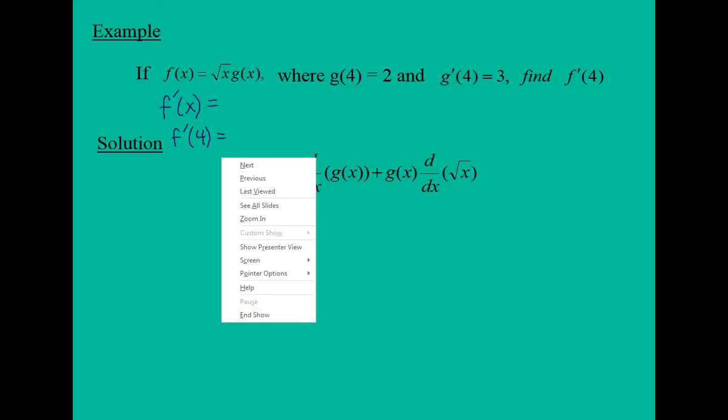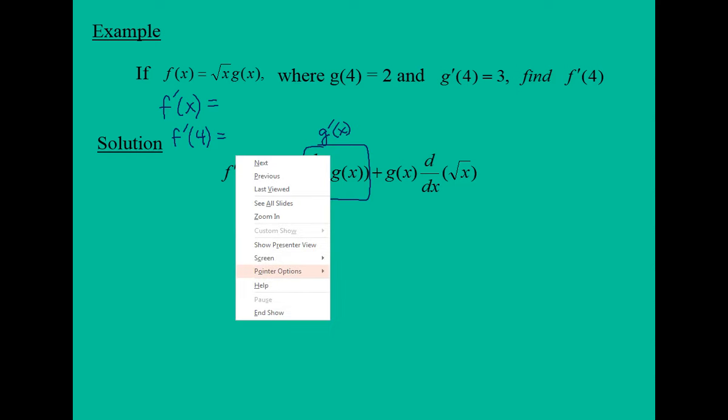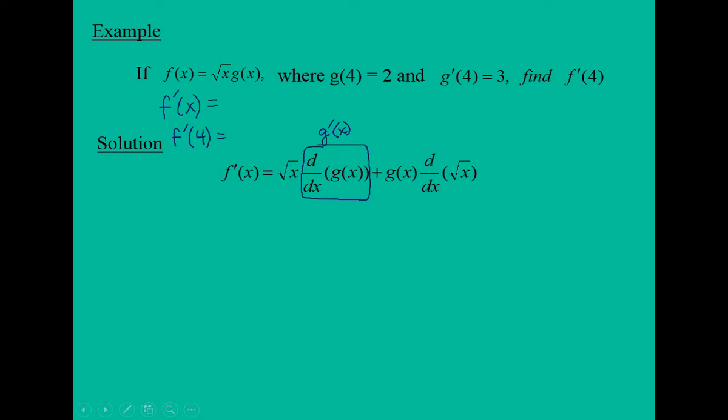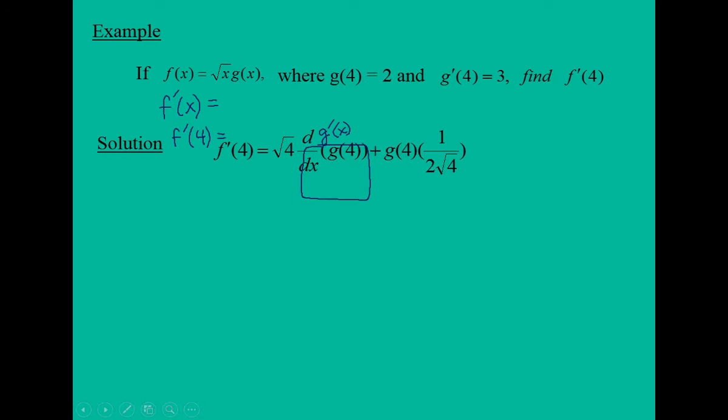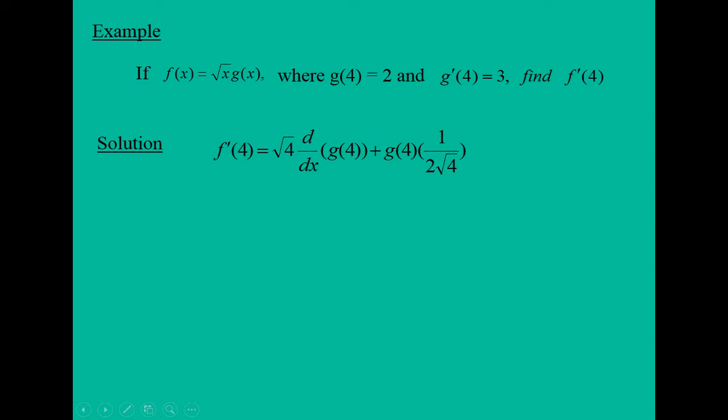And this right here is just g prime of x. So we could plug in 4 because we're looking for when x equals 4.